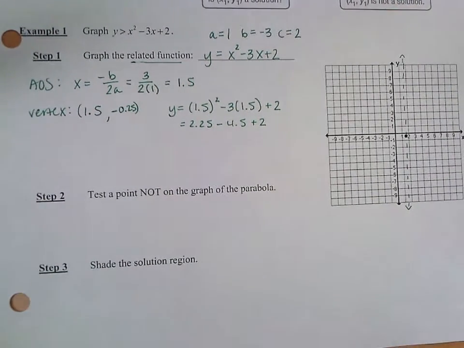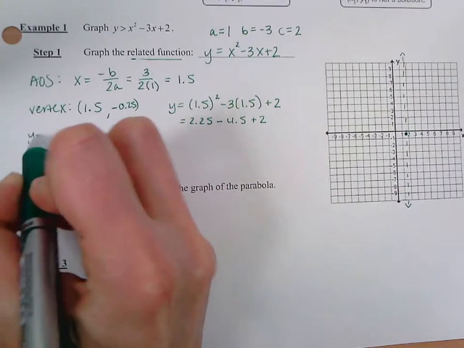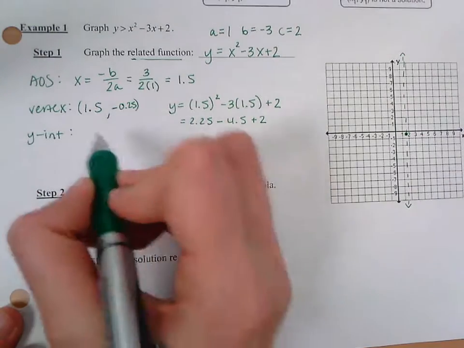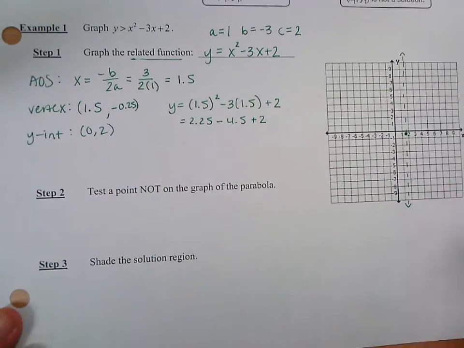The goal of this question is the graph. So again, you need at least 5 points because your answer is the graph. So from here, what's the next point we usually found? The y-intercept, just because it was an easy point to find. What is the y-intercept? 2, it's your c value, so 0, 2.